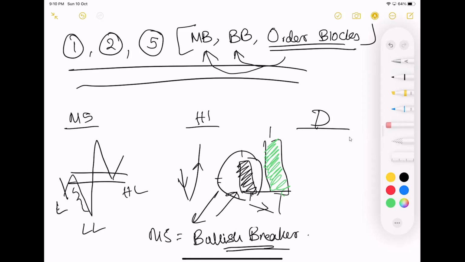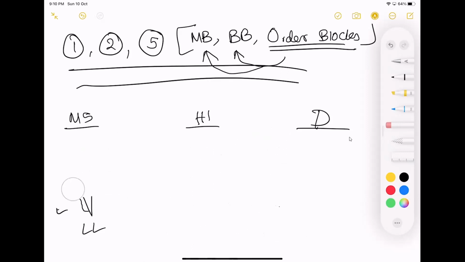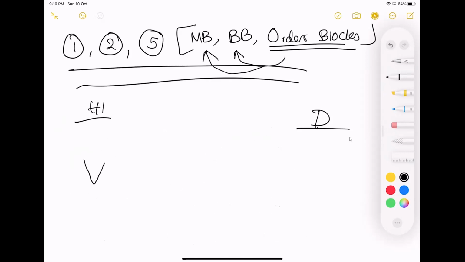Now, what about mitigation blocks? Let's look at mitigation blocks. Forget about the 5-minute, let's look at the 1 hour. On the 1 hour, you have price going down, it fails to go lower, and then it breaks up like that and goes up.